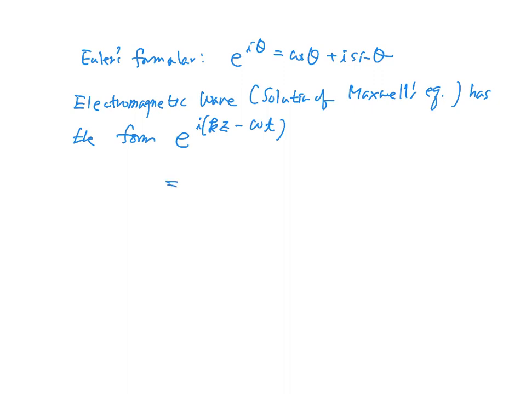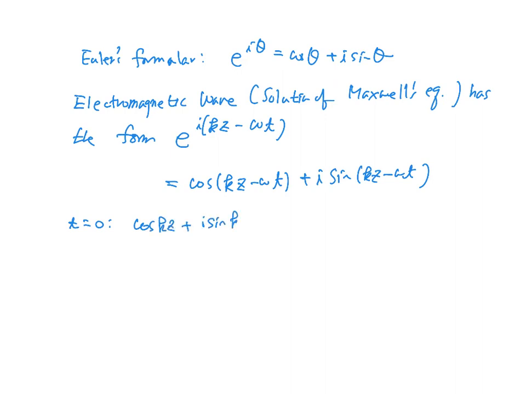So this is cosine of (kz minus omega t) plus I sine of (kz minus omega t). So assuming that when t is 0, this function has a cosine kz plus I sine kz form, right?